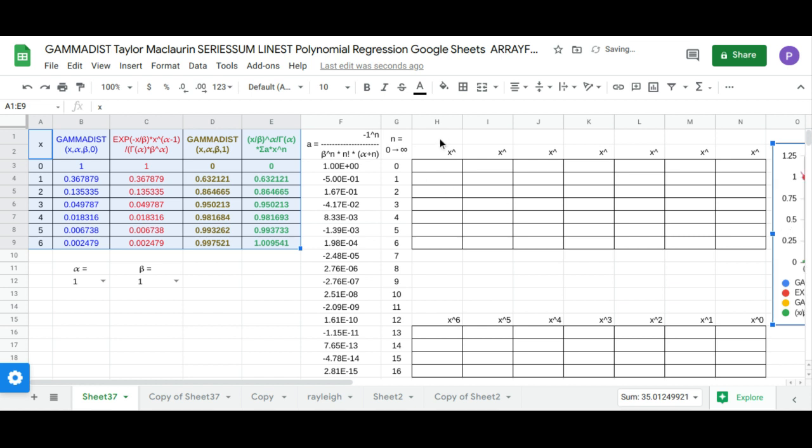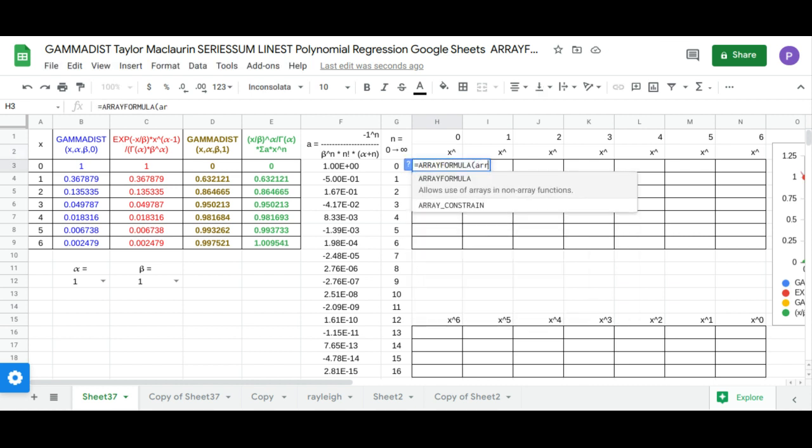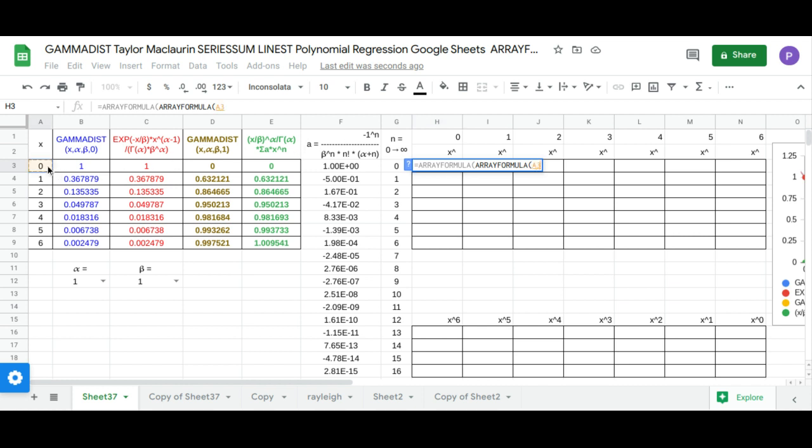Starting with the power. This will be transpose 0 to 6. And the elements of the matrix. So array formula of the x values raised to the power 0 to 6. Then enter.